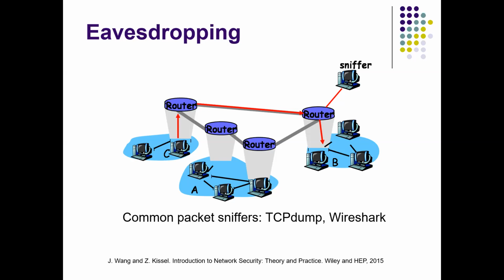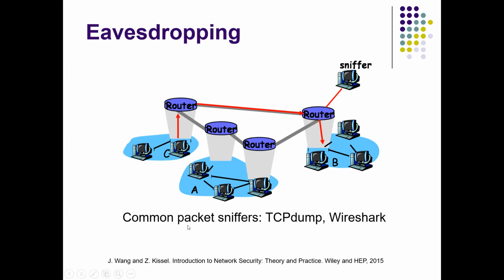So any data that you put in the network will have to go through other routers, which means any router on the path of your data from the source to the destination can see your packets, your IP packets.